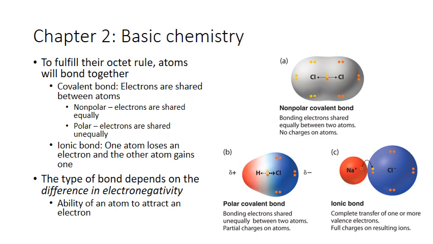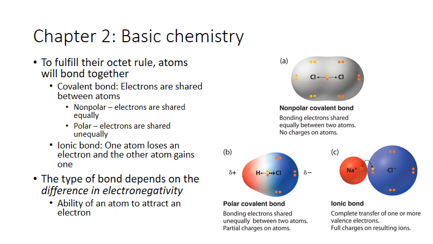They can be shared equally, and if they're shared equally, that bond is considered a nonpolar covalent bond. There's really no negative or positive charge on that molecule, the molecule being the combination of multiple atoms. The charge is just equally spread throughout the molecule.